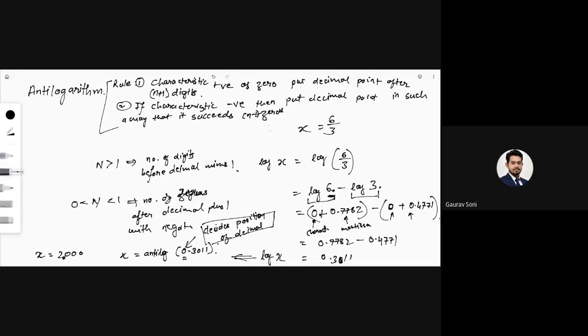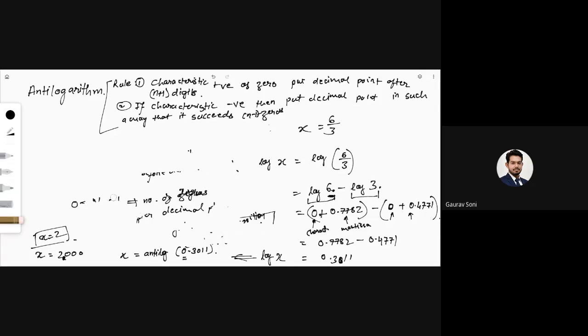So x is equal to 2. Clear? Once you have written this rule, please note this example. Then we will do 3 by 6. I know that the answer is 0.5, but still we will solve it using logarithm.